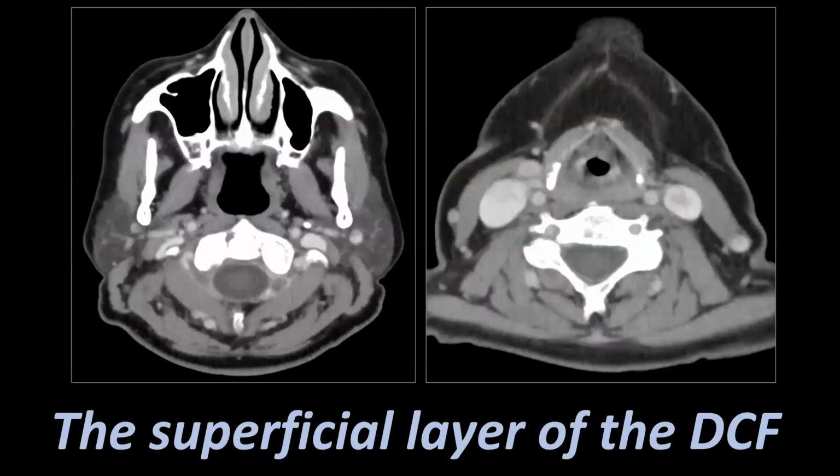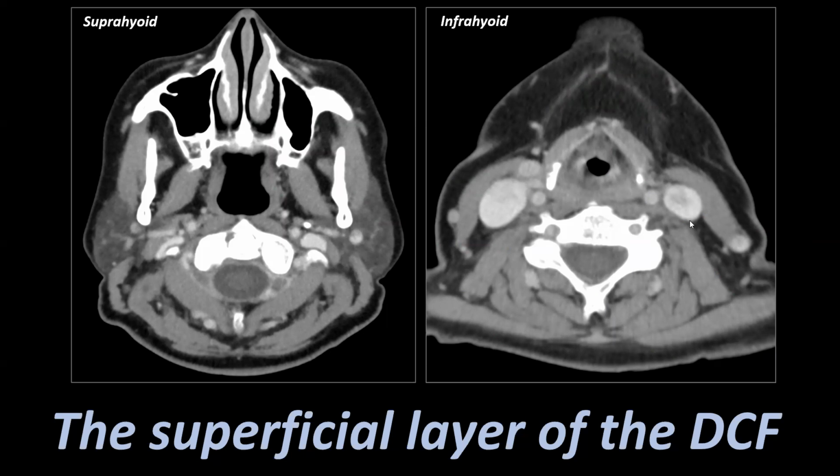Okay, let's now start with the superficial layer of the deep cervical fascia, and let's discuss this specific layer in a bit more detail. It is a layer that can be found in both the supra and the infrahyoid part of the neck, and all layers can be found in the supra and infrahyoid part of the neck. And where is it located exactly? Well, it's a superficial layer, so it will be the most superficial of the three layers.